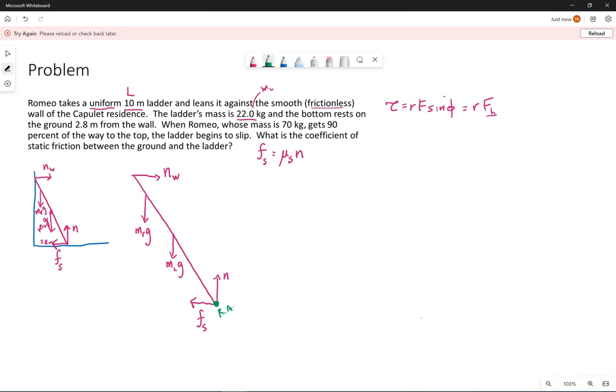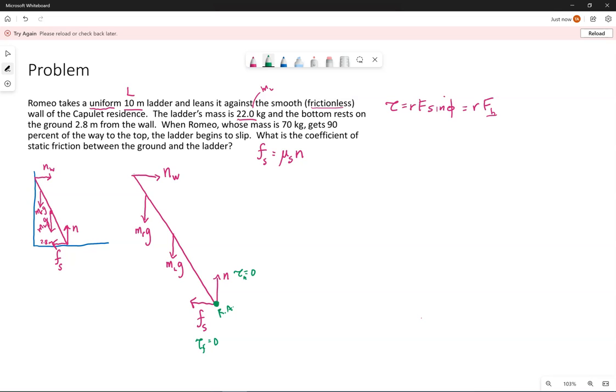But by putting the rotation axis there, there will be no torque around that axis due to this friction, and there will be no torque due to this normal force. And that's because R is 0. That's the same as trying to push on the hinges of a door to get it to open or shut.